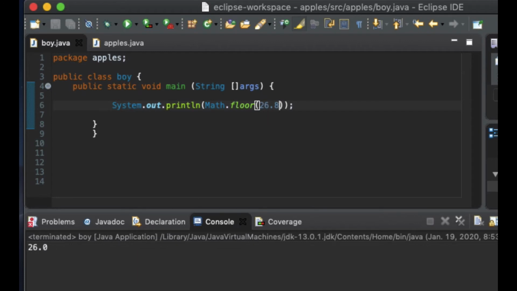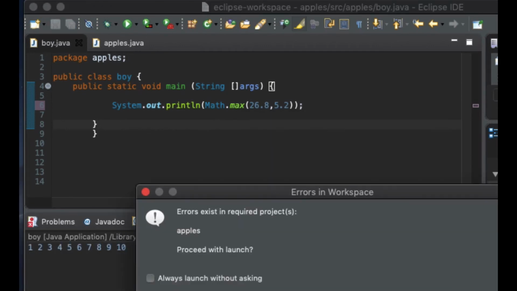Now the next thing we are going to see is max, math.max. What this does is, let's say I put another number like 5.2. It compares these two numbers and displays the highest value. Between 26.8 and 5.2, 26.8 is the highest, so it should display that one. Now let's run this one.